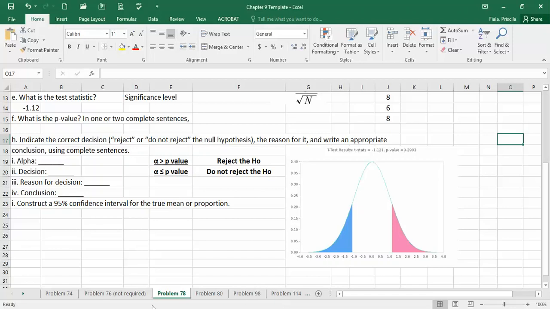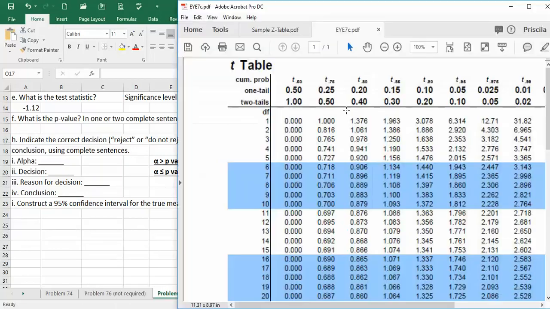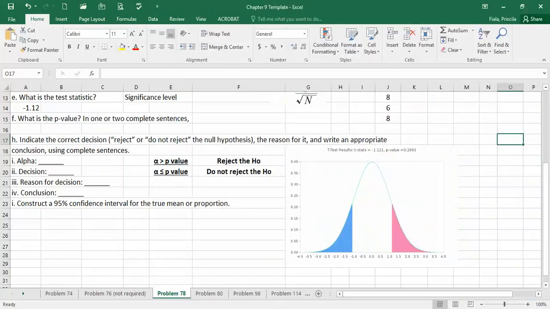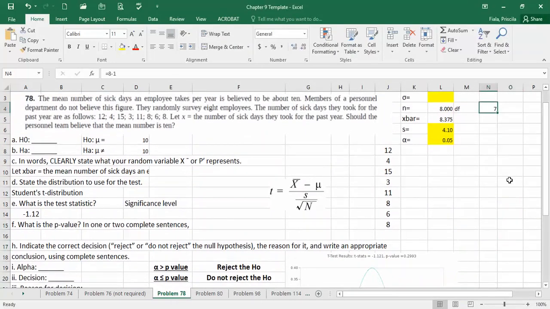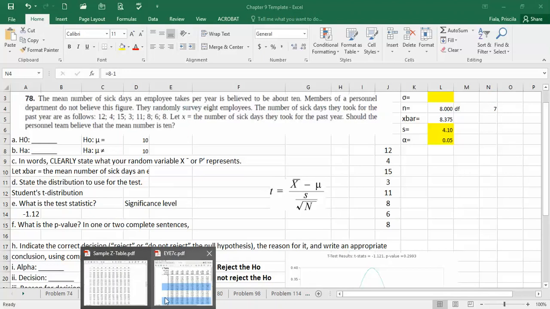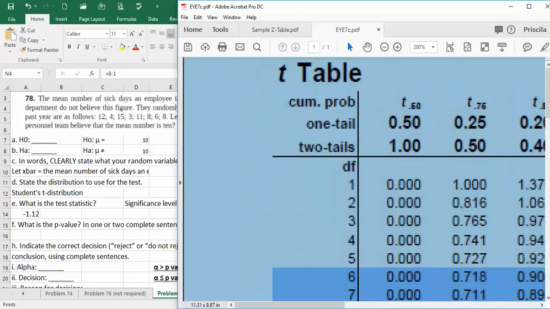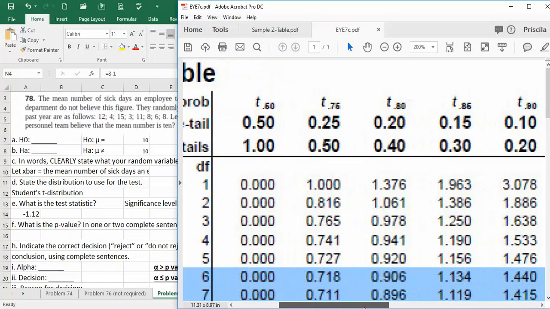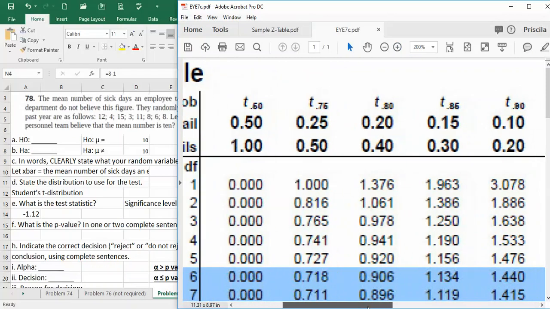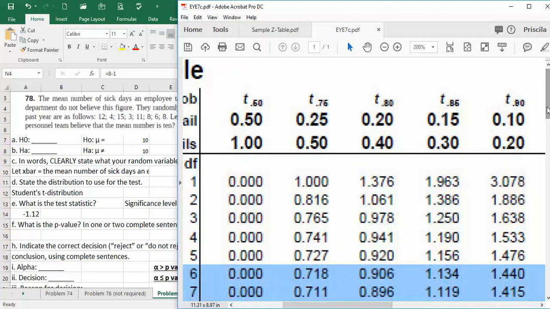Open your t table, and let's go right here and see that again we have degrees of freedom 7, correct? We have degrees of freedom 7 right here. Let me make it bigger. Okay, that's good enough.